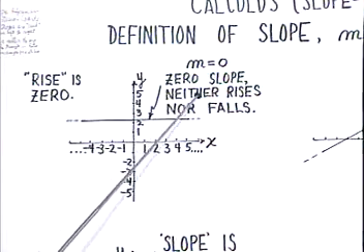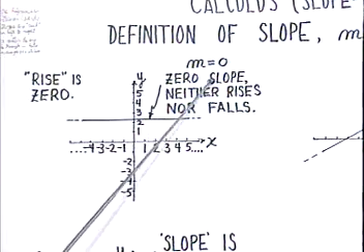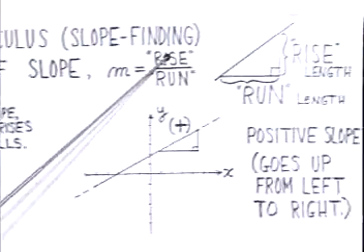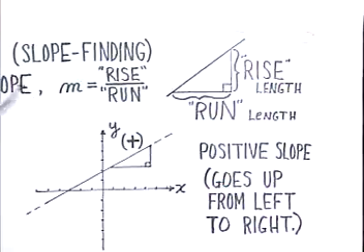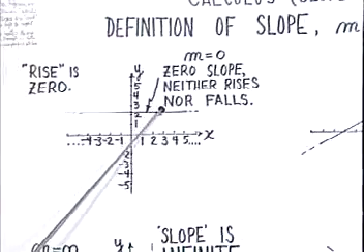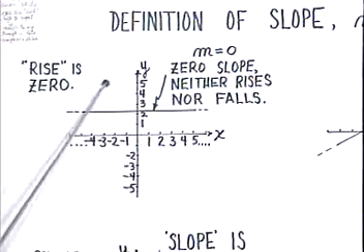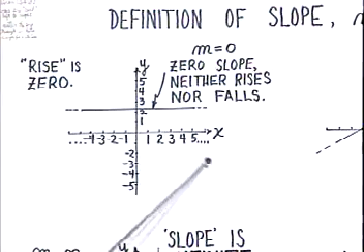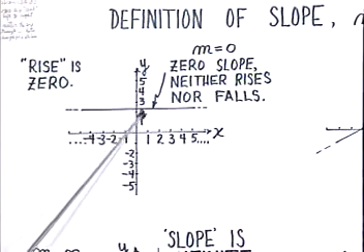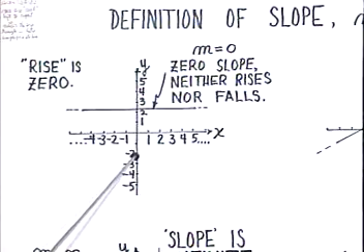If it does not rise, then it's zero. Putting it into this equation here, the rise is zero, the slope is zero. This, of course, applies to all lines parallel to the x-axis, whether it's below or above.